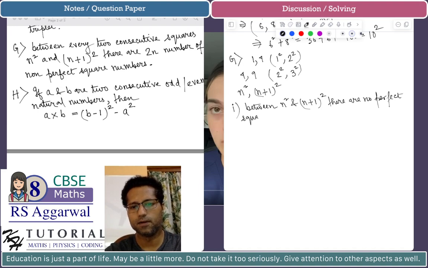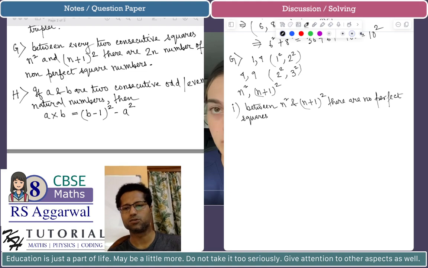Any number you consider between n square and n plus 1 whole square, none of them is a perfect square.